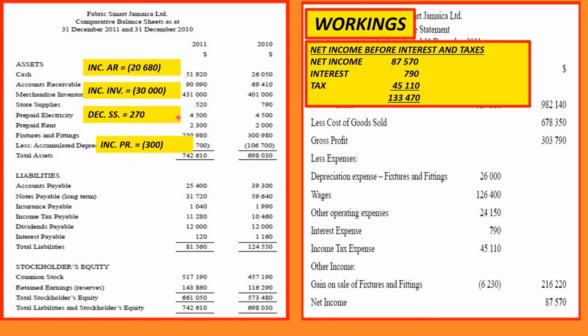Then we have the prepaid electricity, which remains the same, and then the prepaid rent has an increase of $300, so that would give us an outflow of 300.